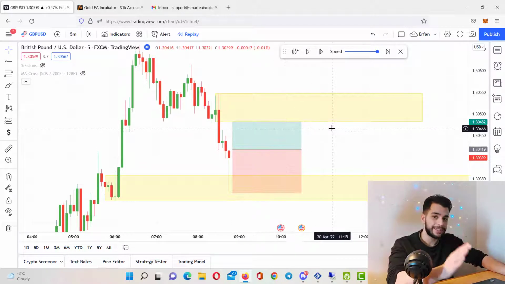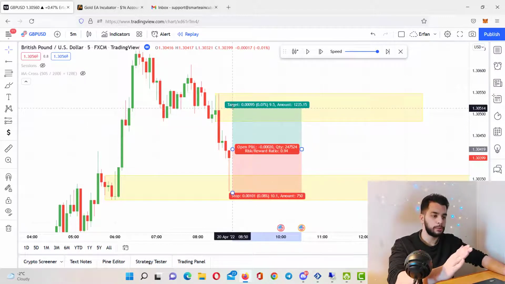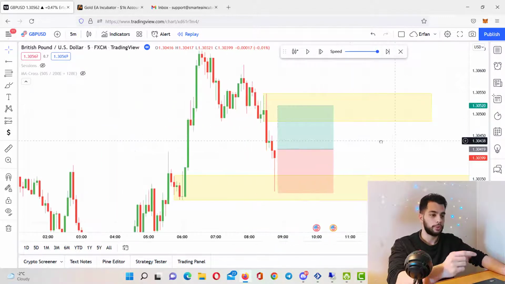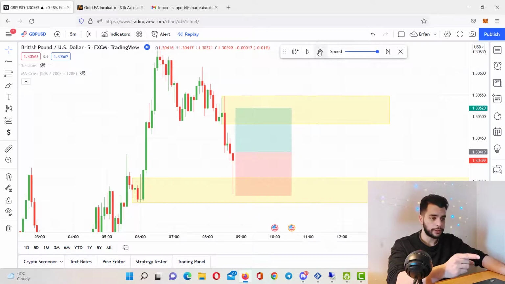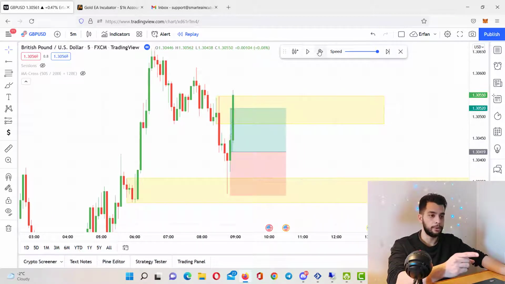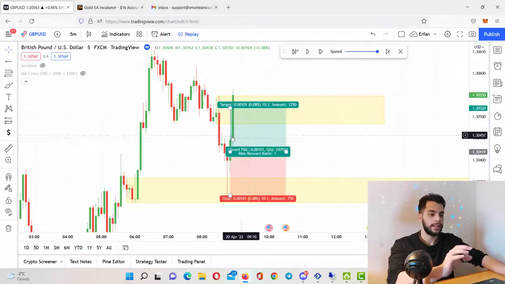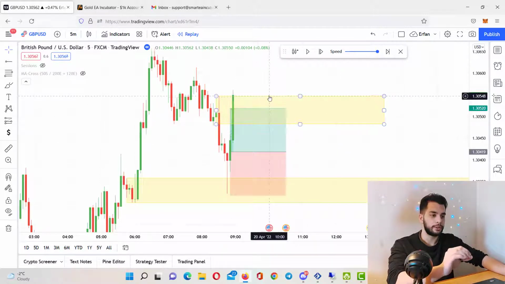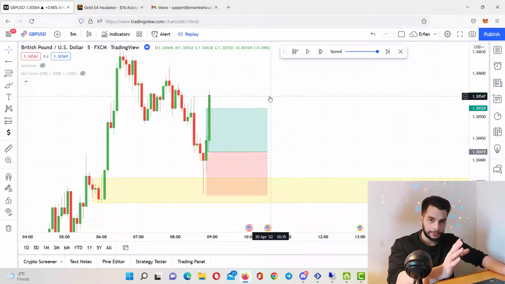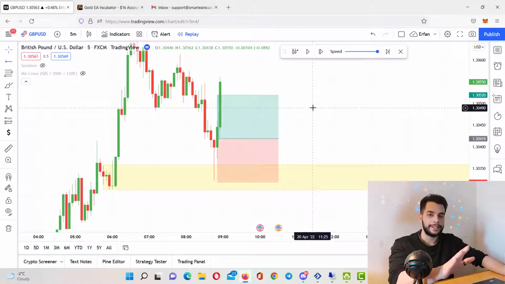You want to have at least 1-to-1. So 1-to-1 minimum is right here, which is exactly in the middle of the zone. So let's see what happened after that. Boom, done. 1-to-1 is taken. This candle literally blasted through this zone and made it invalid, and we could easily take our 1-to-1 trade.